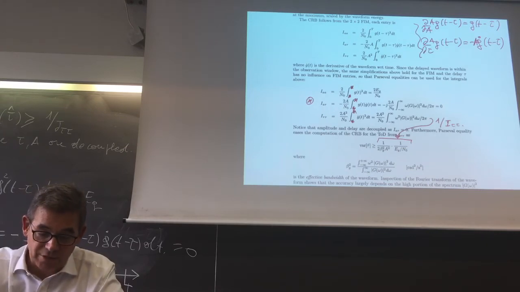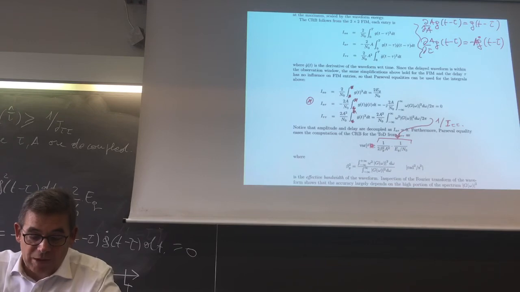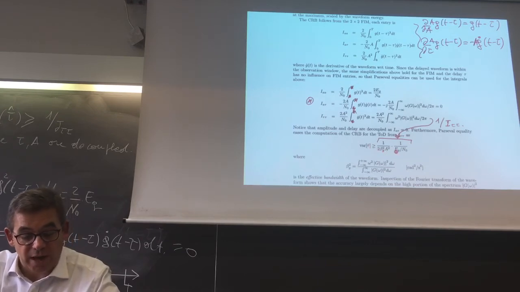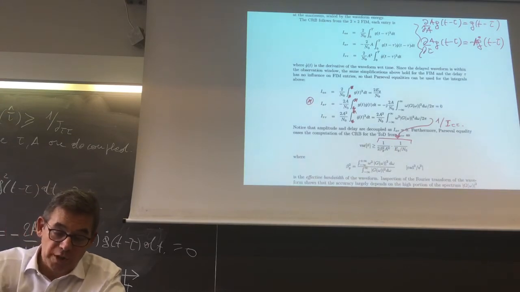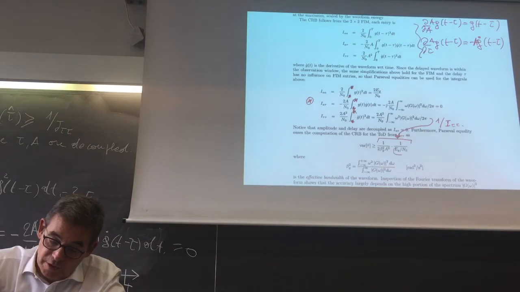It comes out that the Cramer-Rao bound depends on the energy of the waveform and N0, the power spectral density of the noise. Usually this is called the signal to noise ratio.